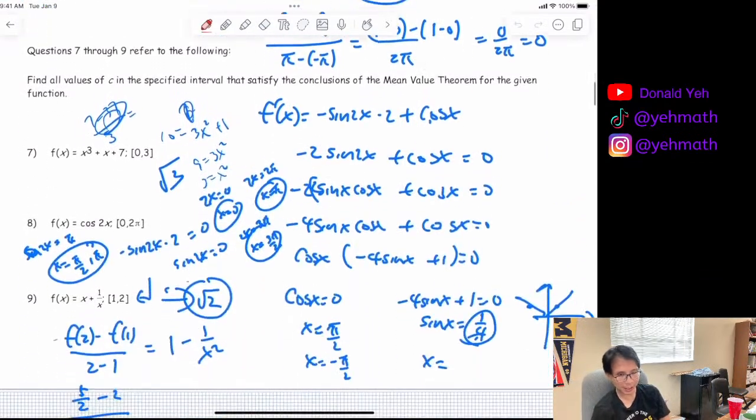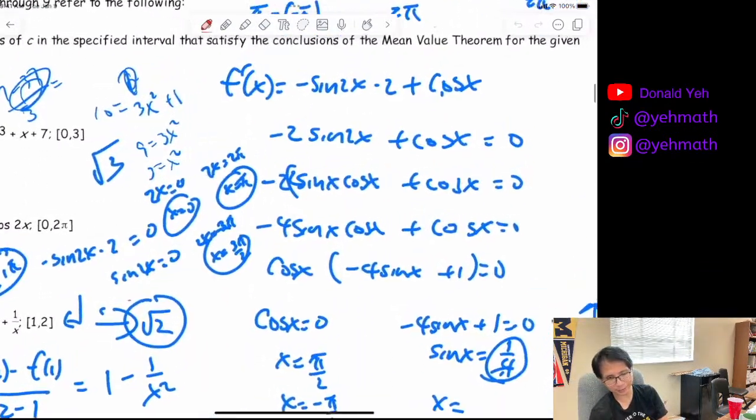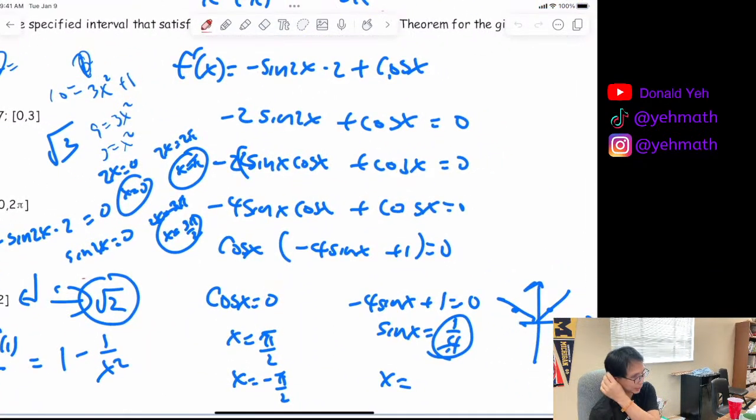Number 6, the work is a lot, but basically if you take a derivative correctly, you end up with something like this. Then you're going to get x equal to pi over 2, x equal to negative pi over 2. However, the other side, sin of x equal to 1/4, has 2 solutions. We don't know where the solution is unless you use a calculator.